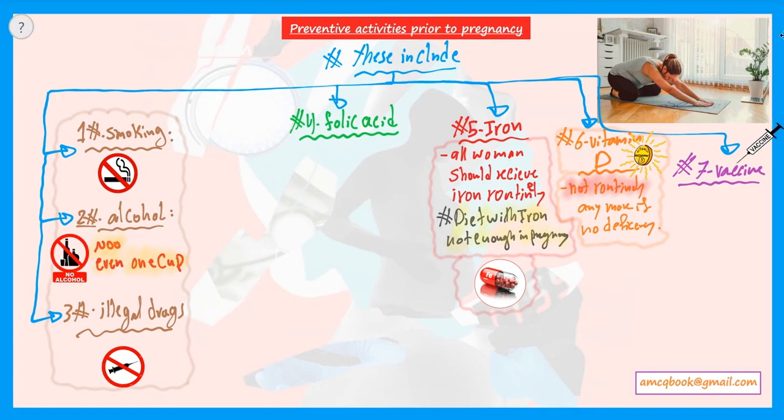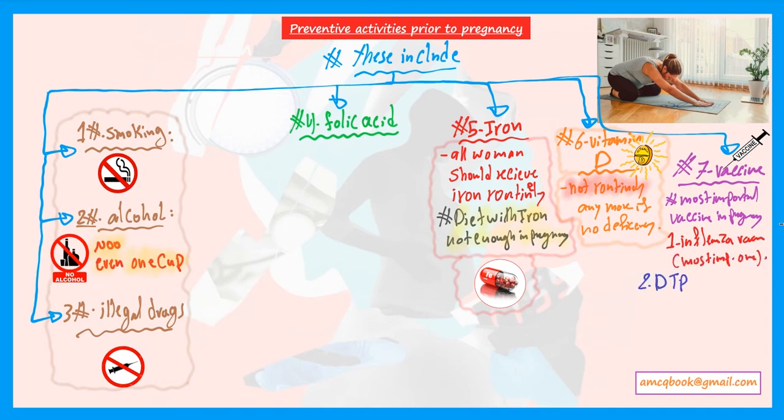Okay? And finally, vaccines. Well, vaccines are very important. The most important vaccine to be given in pregnancy is the influenza vaccine. And the second most important vaccine is DTP.